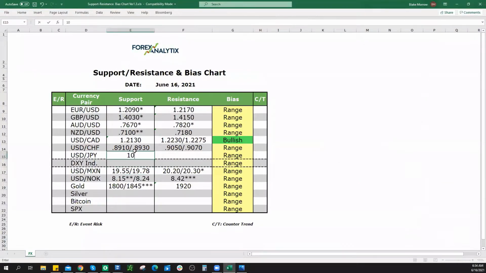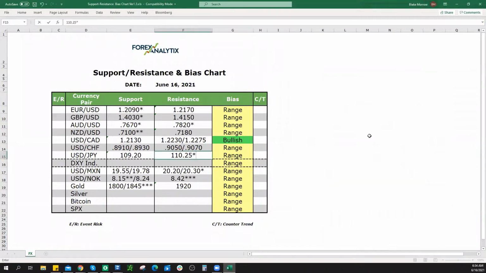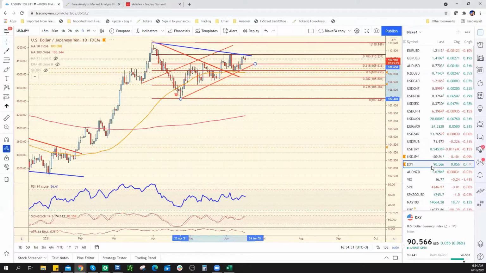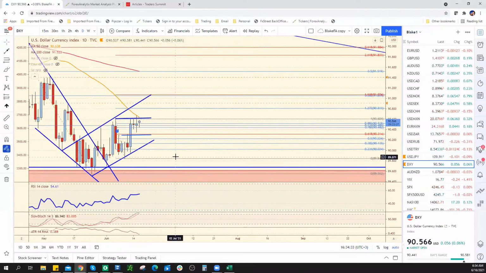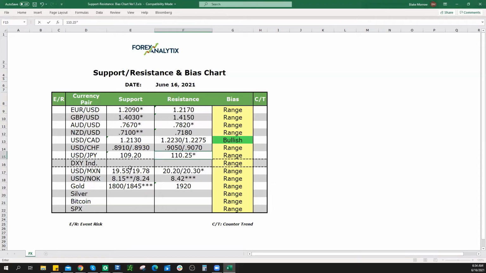So I'm still going to write down 109.20, but if you guys are trading the dollar yen, 109.35 could be the trend line. Oops, let me get rid of this. Dollar index resistance 91, channel resistance, support 90.30 and 90.90, which would be channel support. You guys already know that, right? From the FACE webinar.